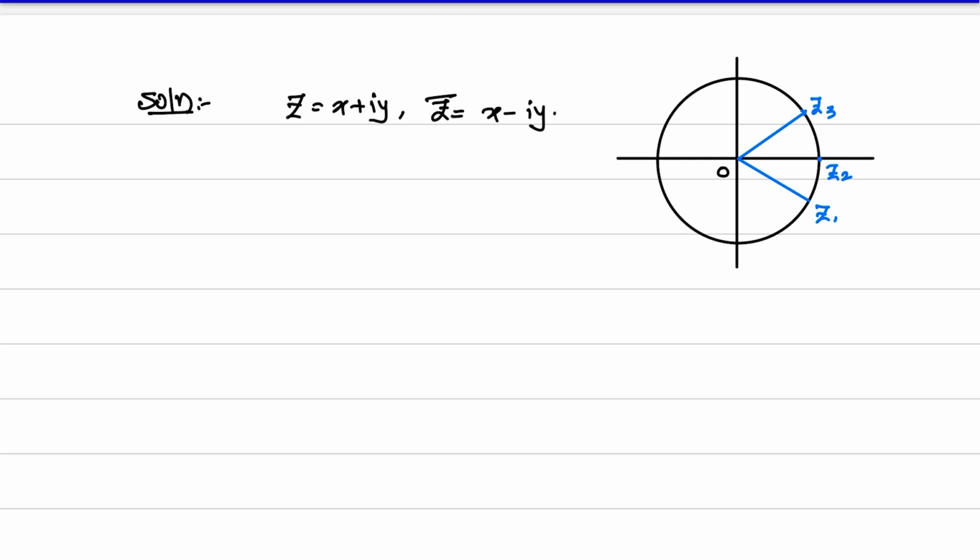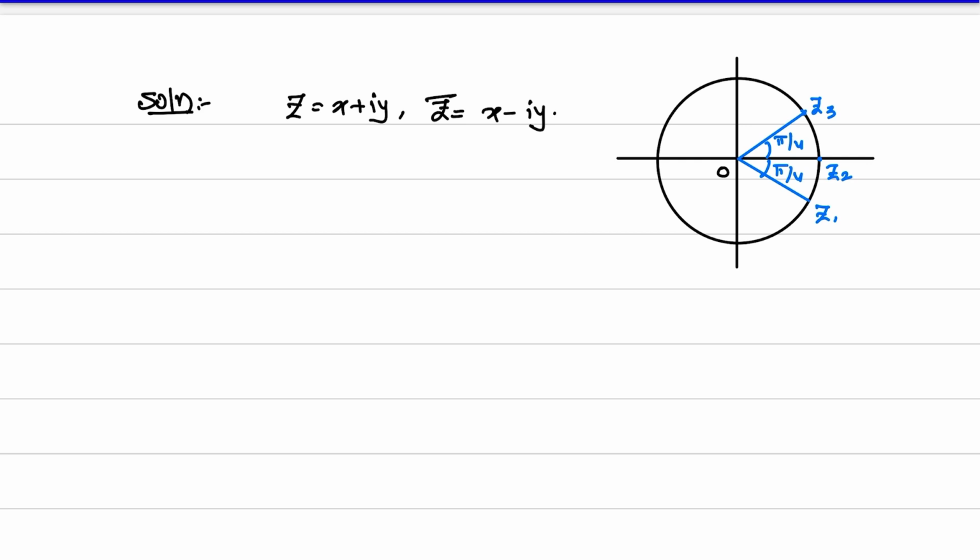That means z1 is the conjugate of z3, and z3 is the conjugate of z1. Do you accept it? I'm giving a shortcut. This is pi by 4, this is pi by 4. z1 is the conjugate of z3, z3 is the conjugate of z1.